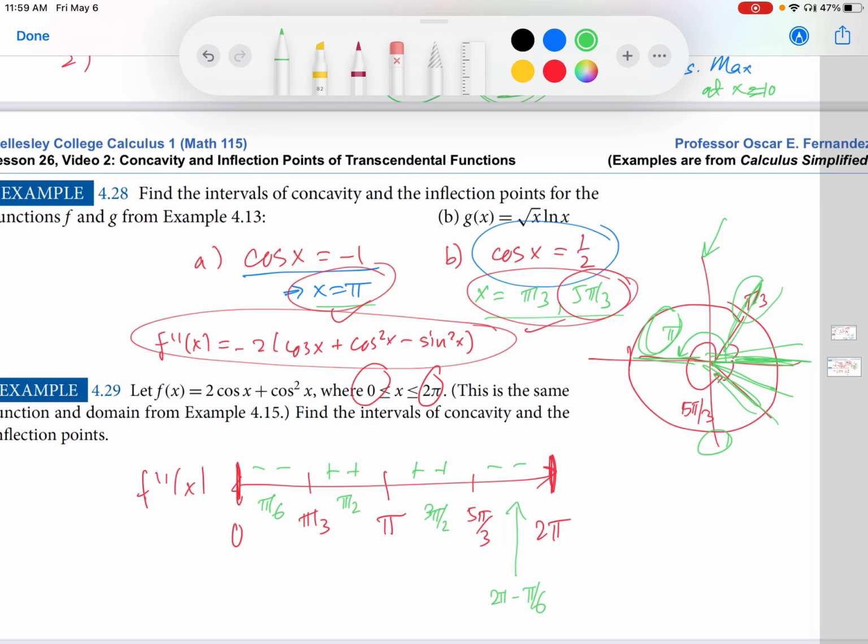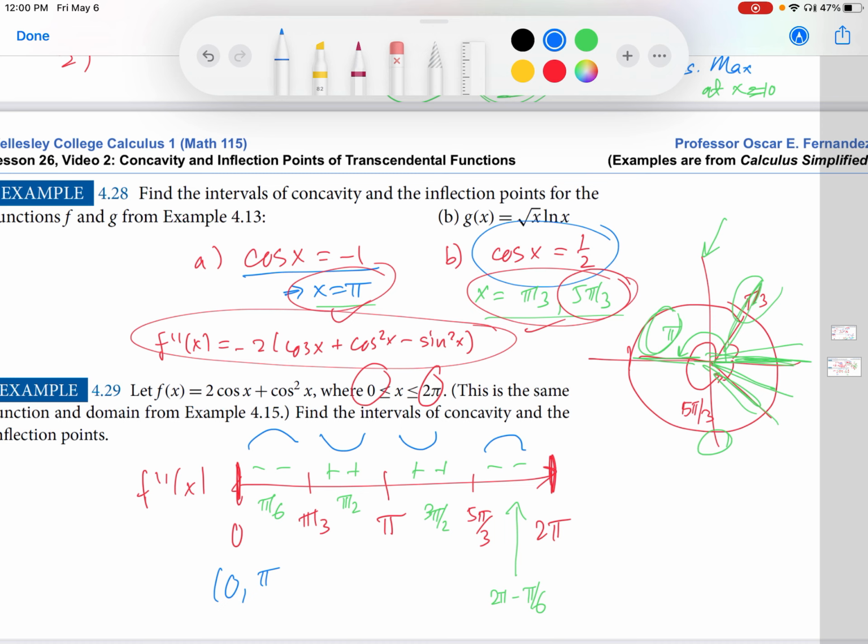Okay, and now we can go back to the concavity test and say, hey, because the second derivative is negative here, the function is concave down. It's positive here, concave up, positive here, concave up, and negative here, concave down. Okay, so we have information about the concavity, right?